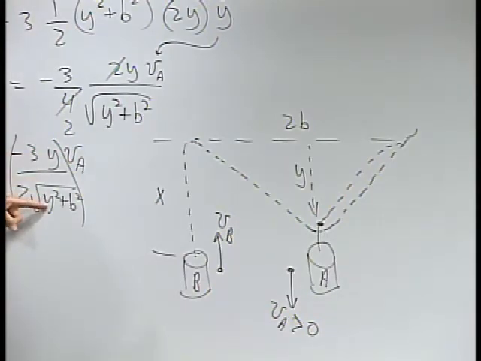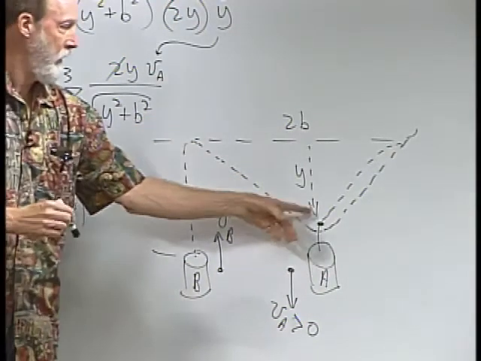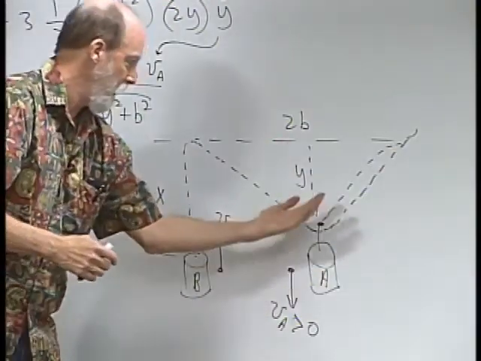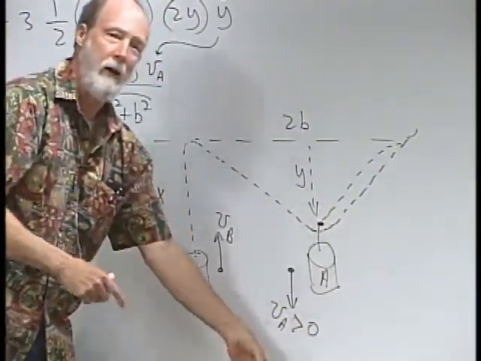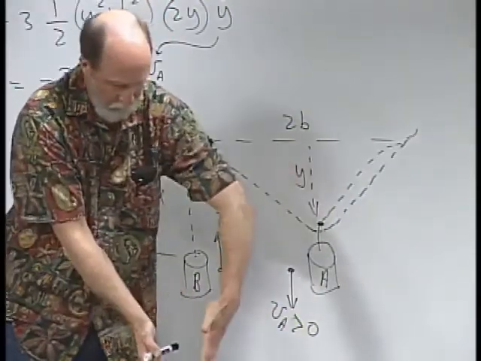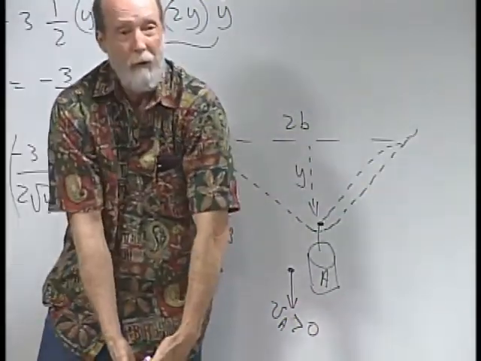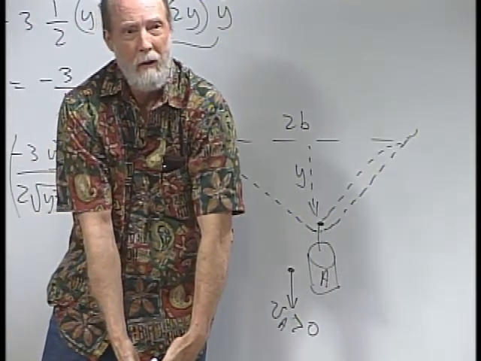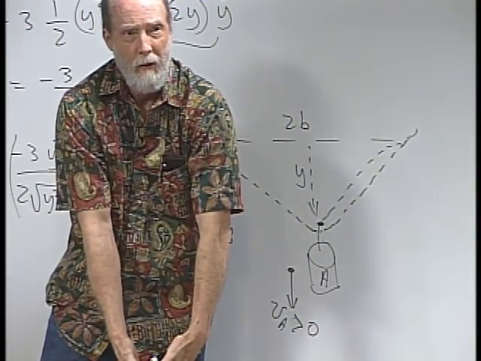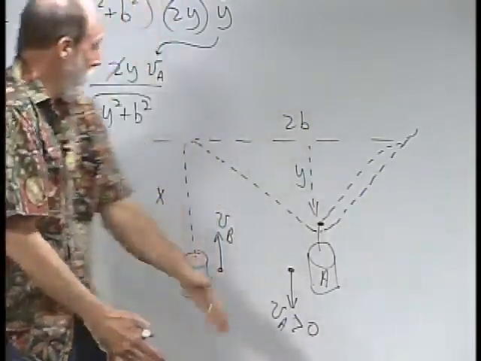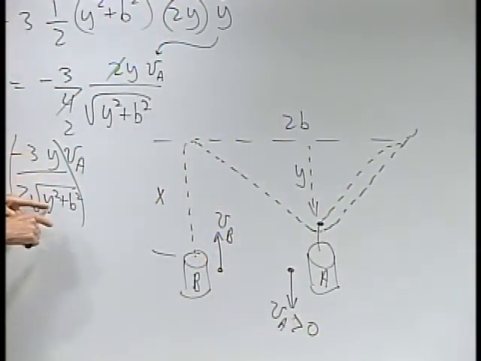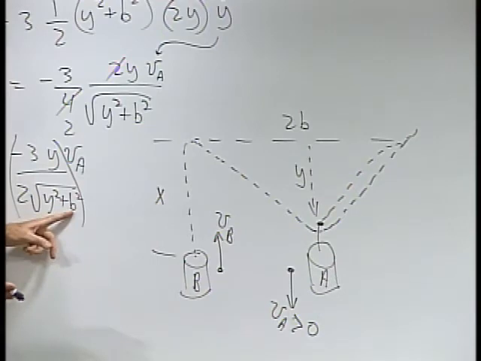Now, what if y was very large? Imagine a really long cable, and this body A was hanging way, way down there. In other words, the cable strands connected to A would be very close to vertical. That coefficient's going to close in on negative 3/2. So what you would observe here is that B doesn't make much difference if y is great.